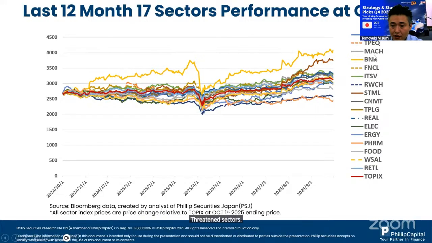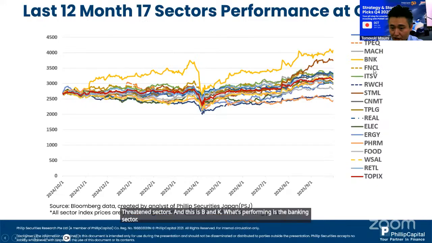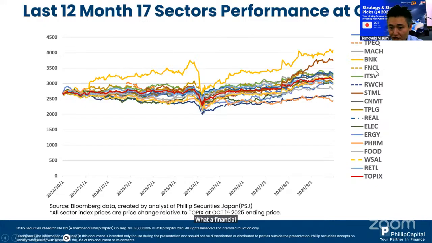The best performing is the banking sector, while the non-bank financial sector and TOPIX are in the middle, along with pharmaceuticals, and raw material chemicals are underperforming sectors.